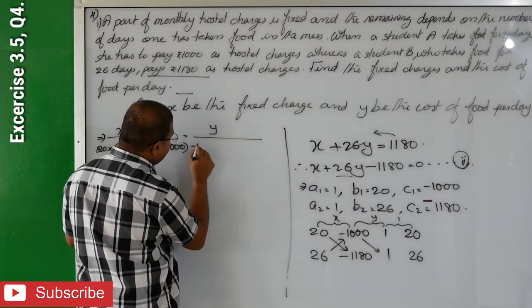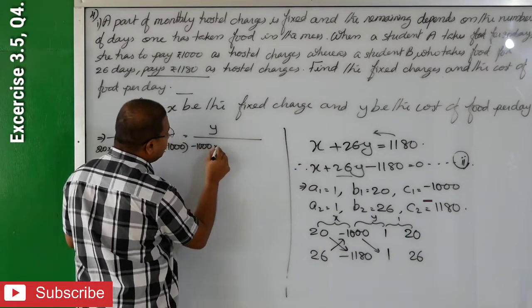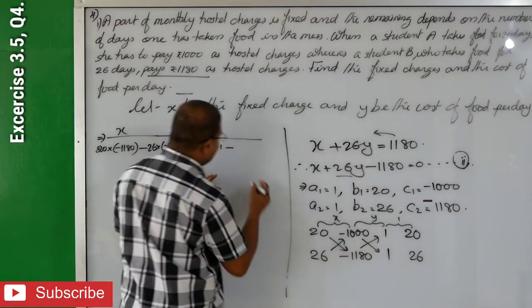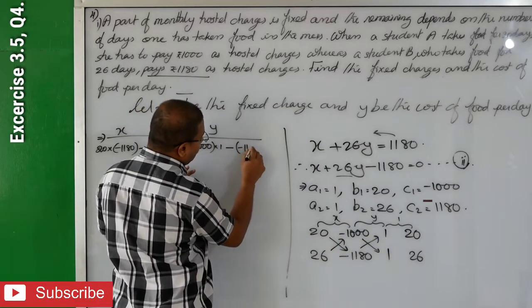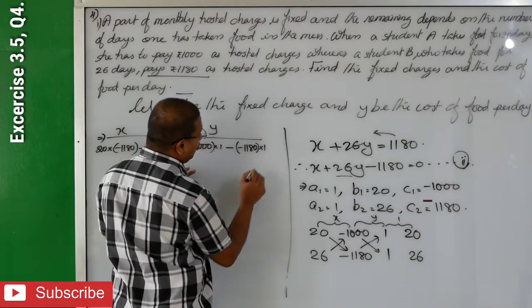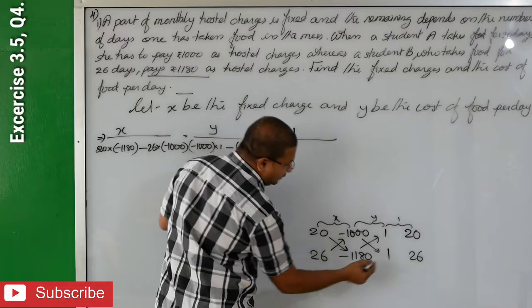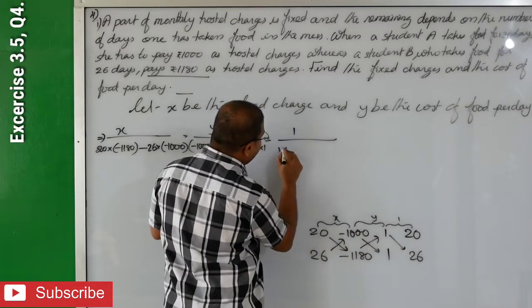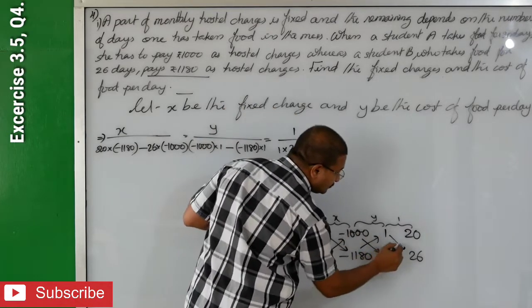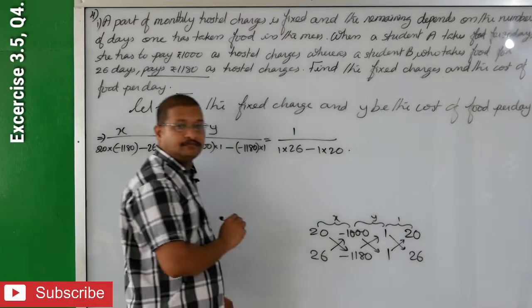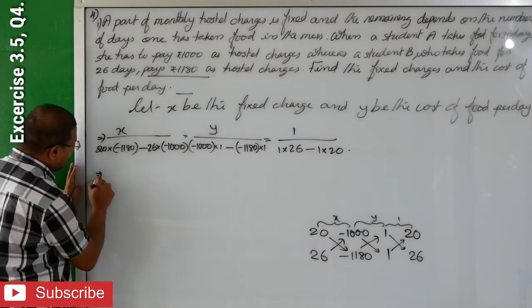That is minus 1000 into 1 minus these two, what is that? Minus 1180 into 1 equals 1 divided by these two. What is that? 1 into 26 minus these two, what is that? 1 into 20.